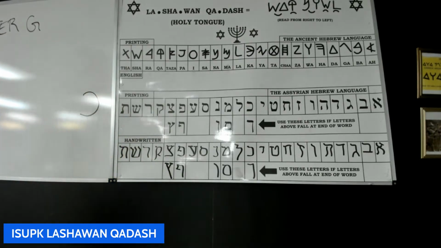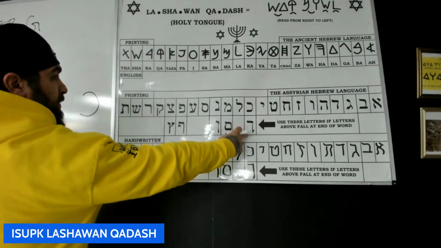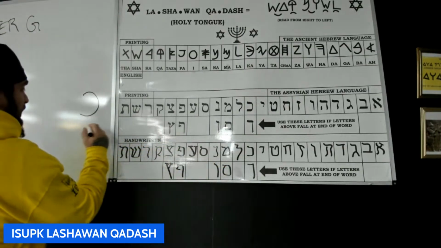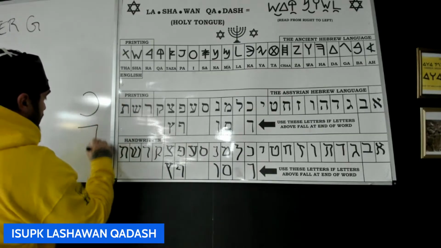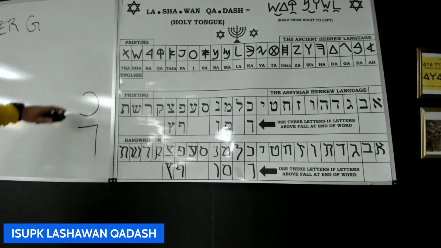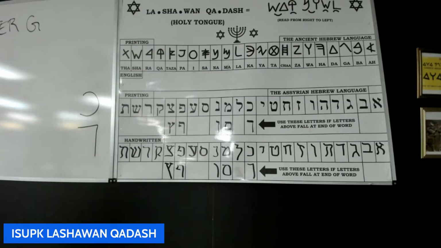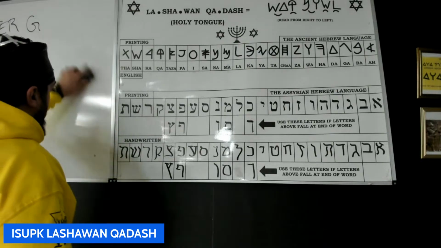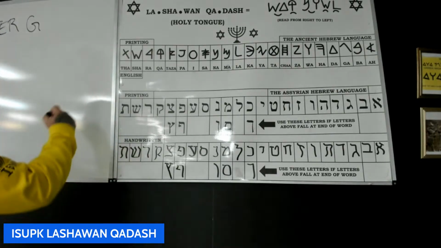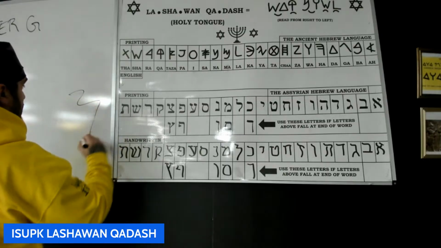It's Ka. And at the bottom, if it comes at the end of the word, it'll be that. This will be Ka at the beginning of the word, and this will be Ka going towards the end of the word. That's La.